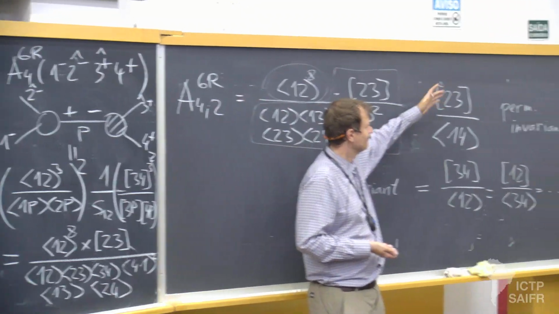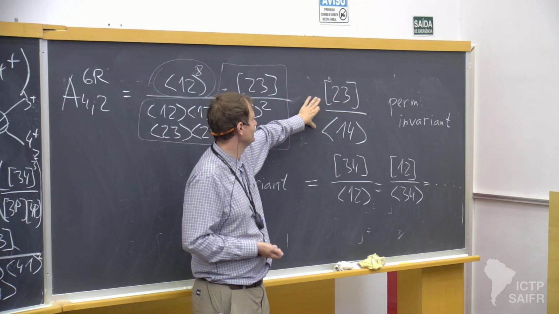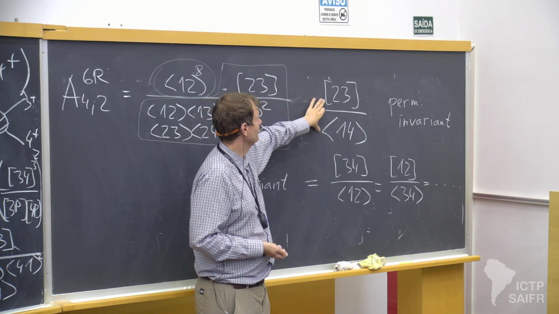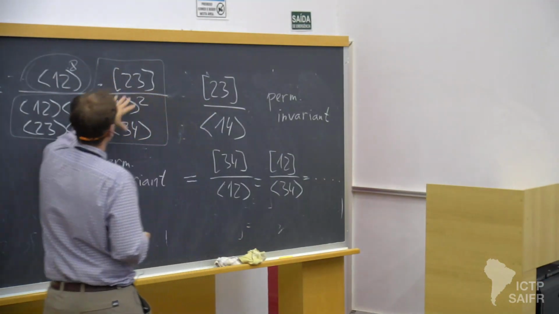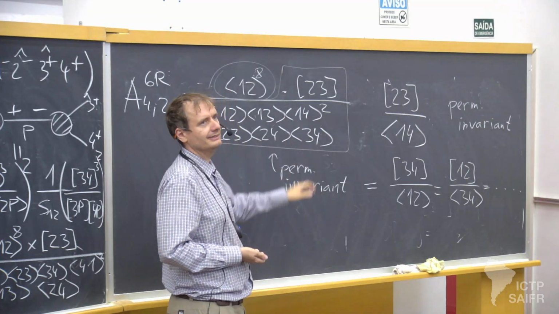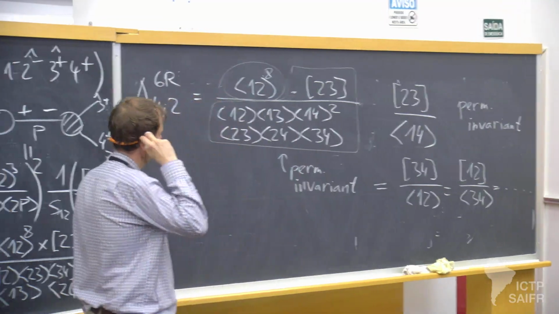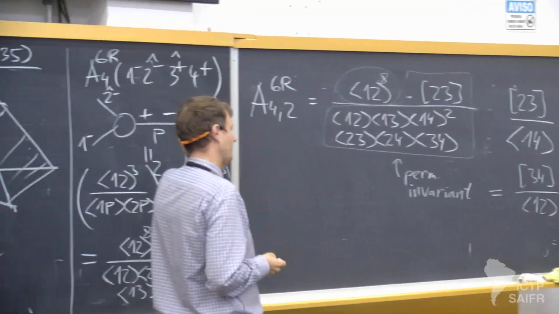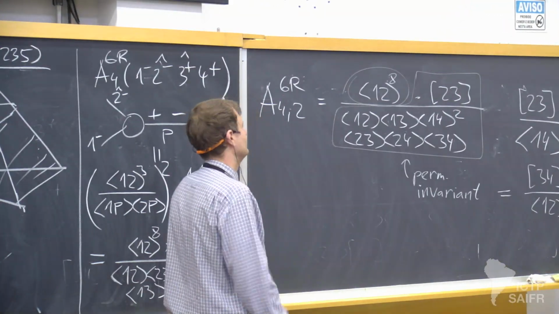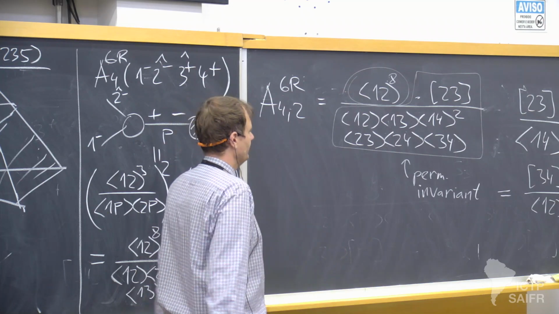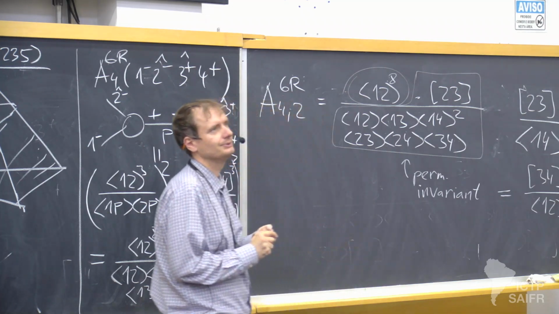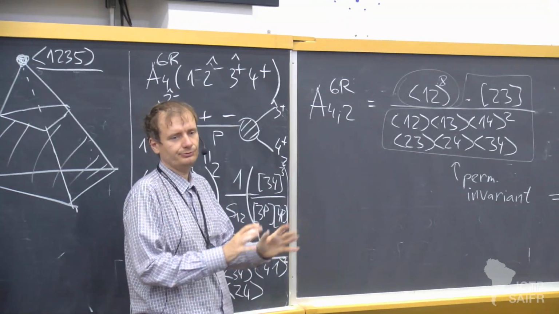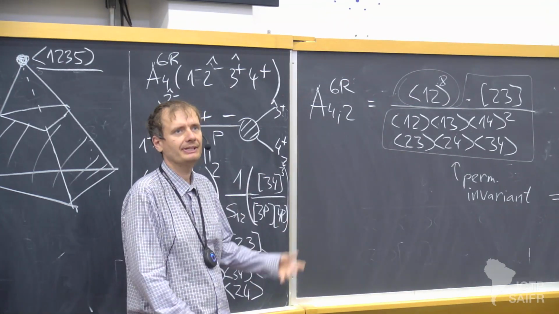There is an obstruction to writing it explicitly, but it is permutation invariant, because you can write this factor in many different ways and write many different formulas which are all equivalent. So from that point of view, it is an unsolved problem how to write gravity amplitudes such that the kinematical formulas respect the symmetries of the amplitude.